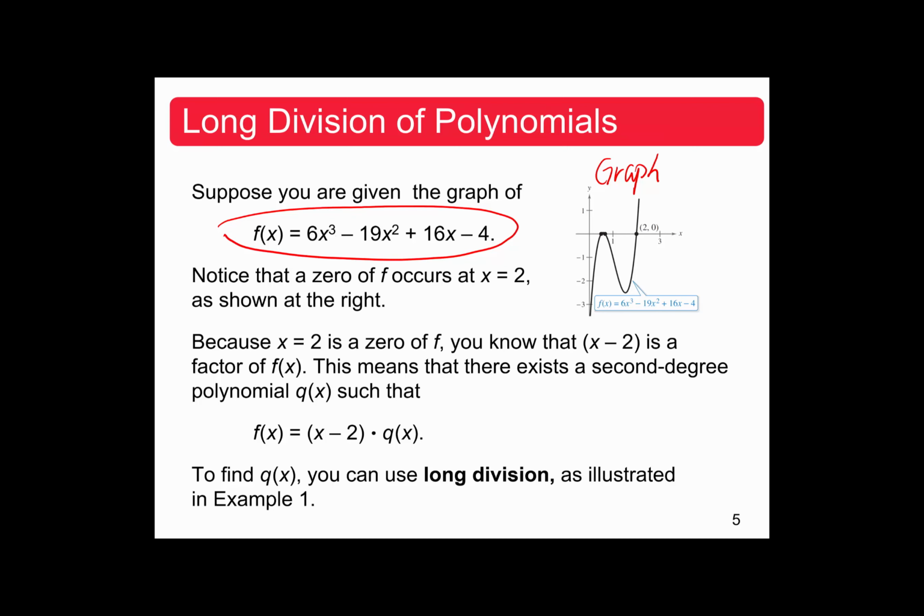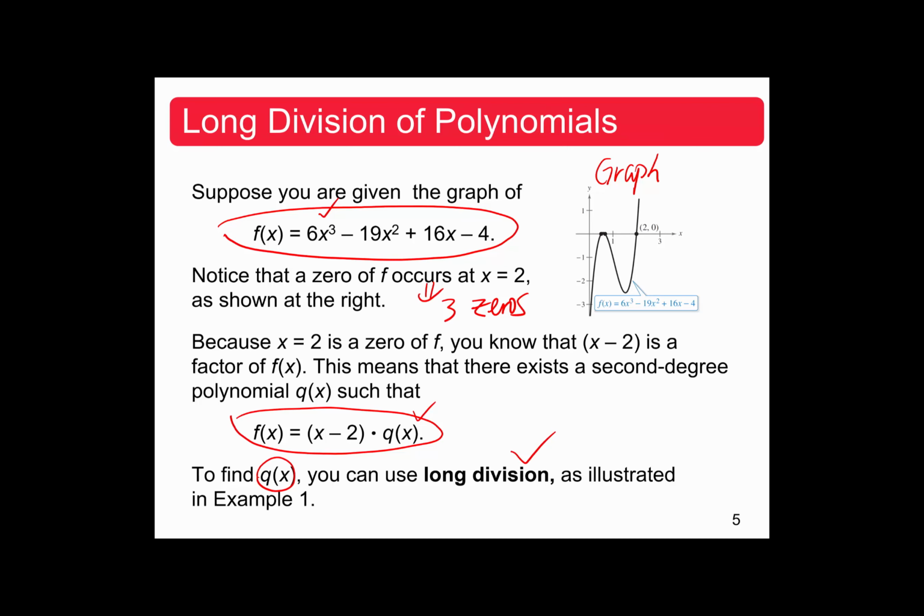This third power indicates we have 3 zeros. So we have a zero at 2, and a couple of zeros between 0 and 1. Typically you could write the function as x minus 2 times a quotient q of x, and in order to find q of x, we use long division.